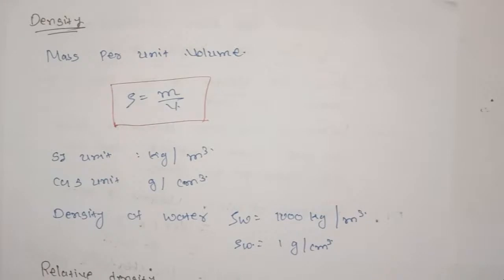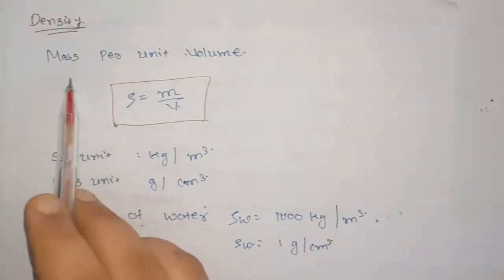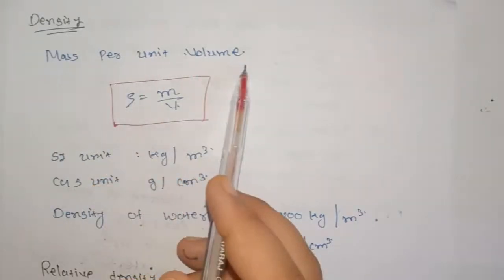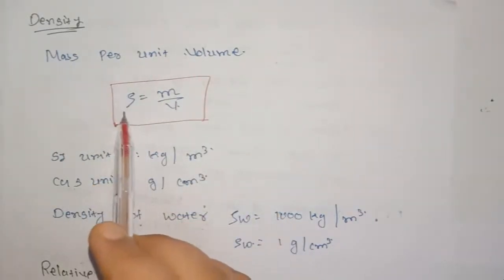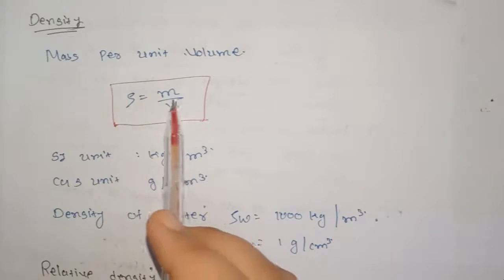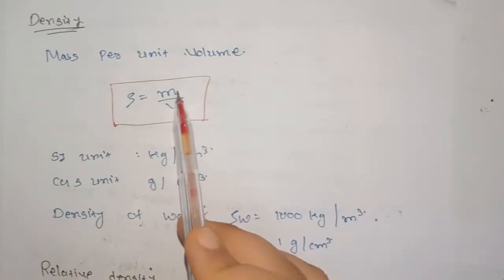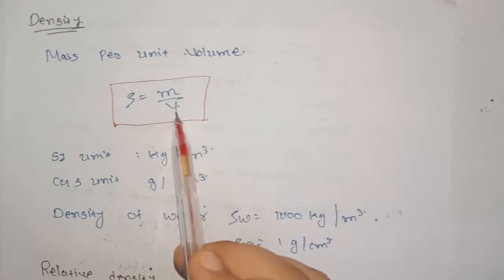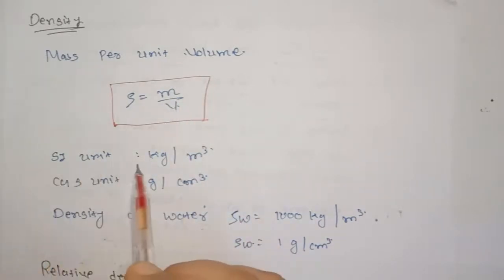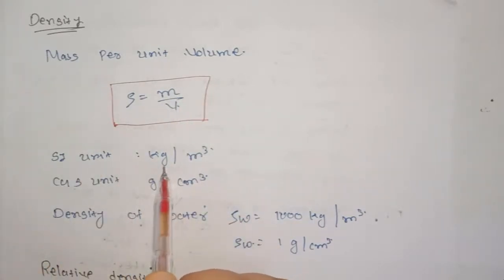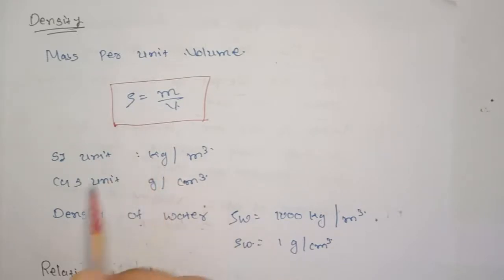Now let us brush up our concepts of density. Density is defined as mass per unit volume. It is denoted by rho. So rho will be equal to mass per unit volume. The SI unit of mass is kg and that of volume is meter cube. So SI unit of density will be kg per meter cube.